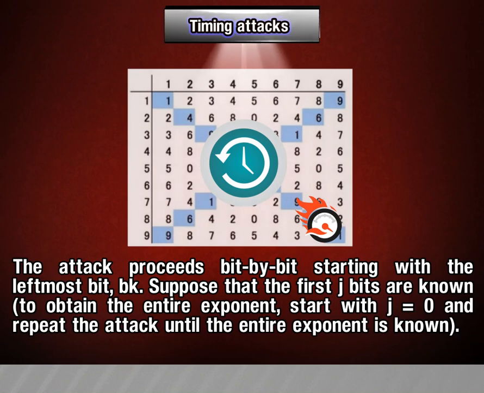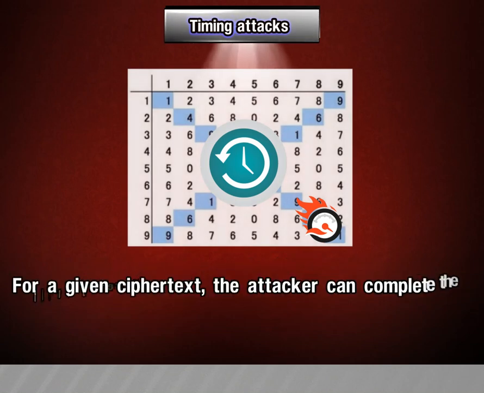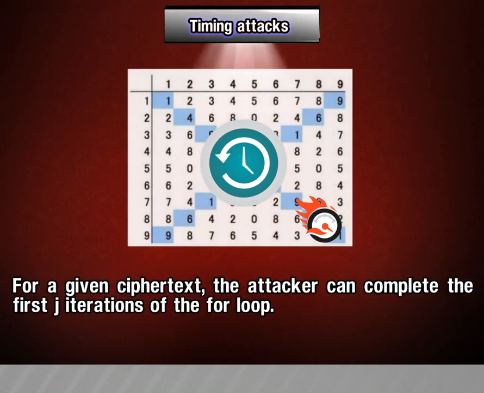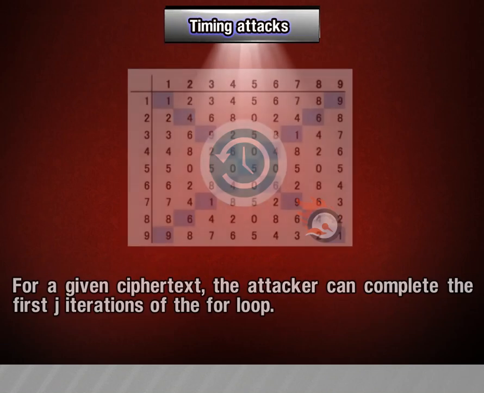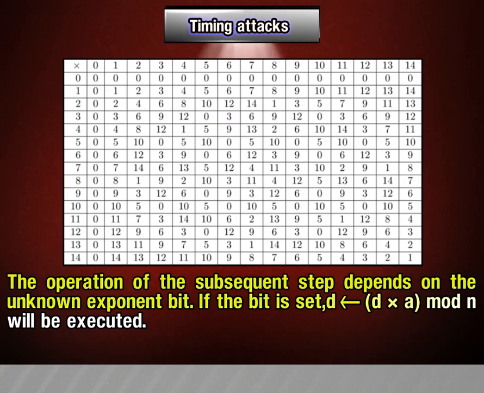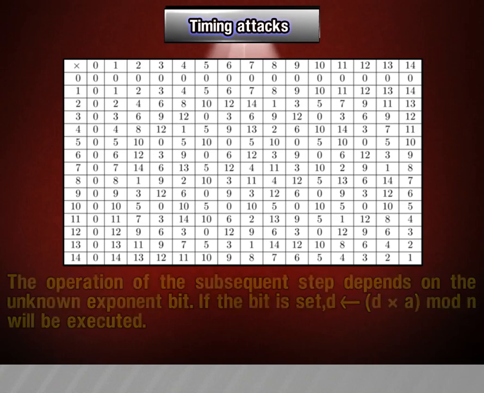For a given ciphertext, the attacker can complete the first j iterations of the for loop. The operation of the subsequent step depends on the unknown exponent bit. If the bit is set, d = d × a mod n will be executed.